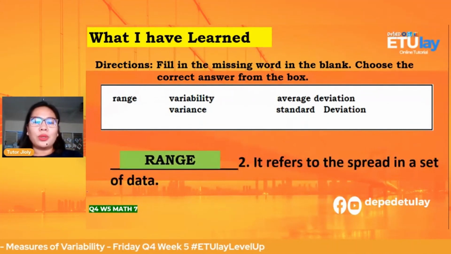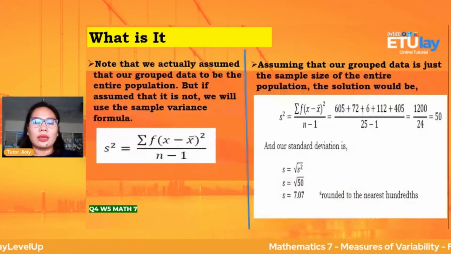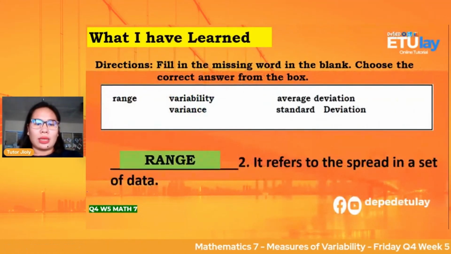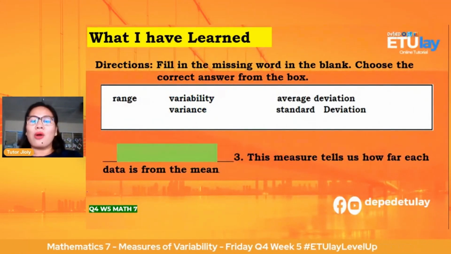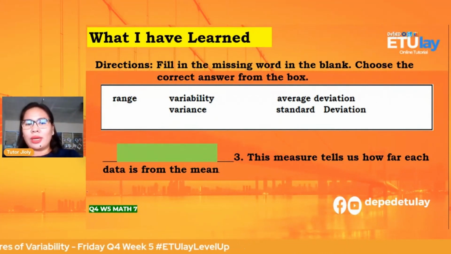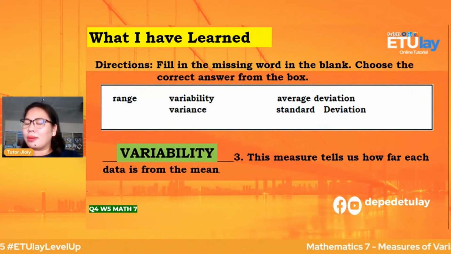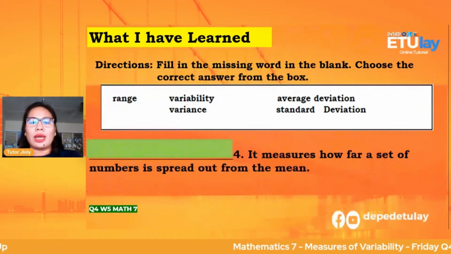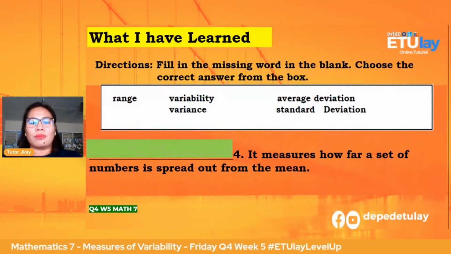Number 2, it refers to the spread in a set of data, that is range. Next, this measure tells us how far each data is from the mean. Ano kaya yan, mga anak? So we have variability. And the next one, it measures how far a set of numbers is spread out from the mean.